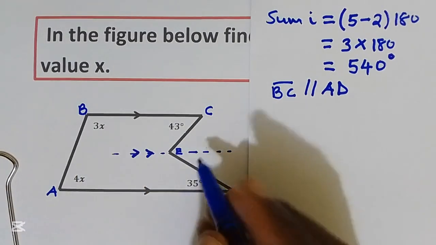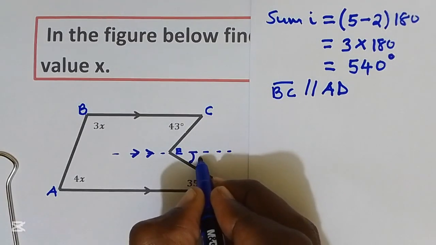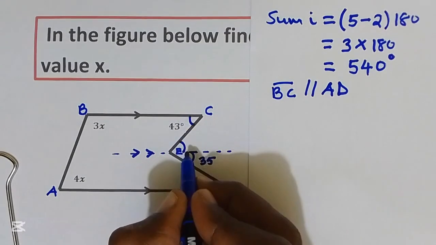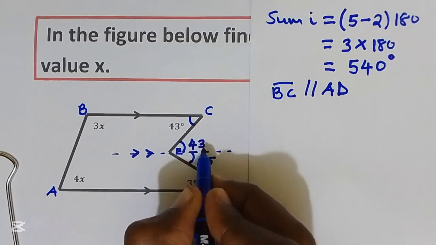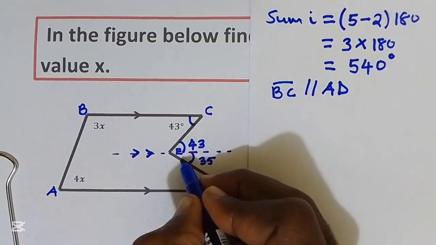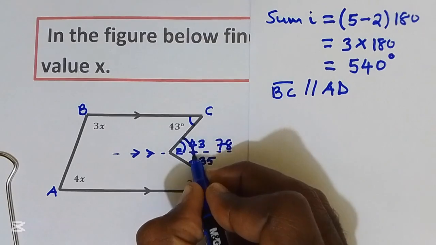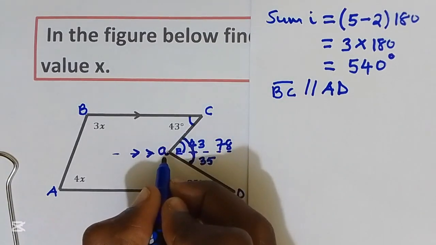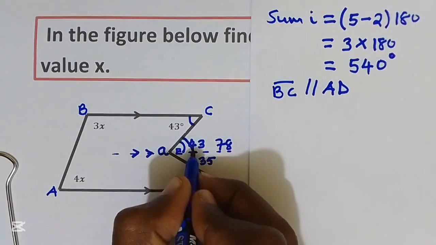Now we can see this angle is alternate to this angle. This angle is going to be 35, and also this angle and this angle are alternate, so they are equal. Here this angle is going to be 43. 43 plus 35, we get the total angle is equal to 78. Let me call this angle A. A plus 78 equals 360, that is a circle.